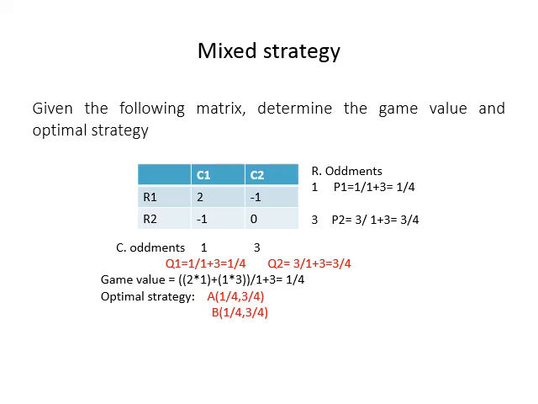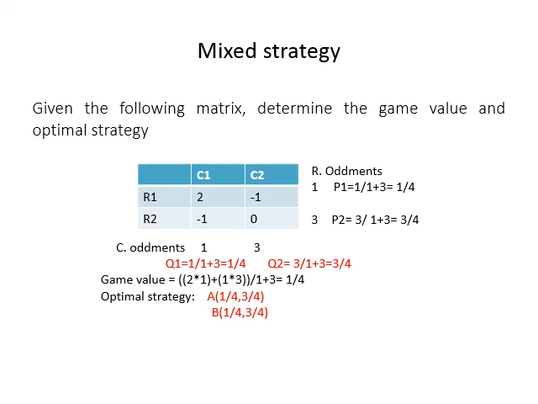We want the oddments to be positive. So the two oddments are 1 for R1 and 3 for R2. P1 equal 1 over 1 plus 3, equal a quarter, and P2 equal 3 over 4.